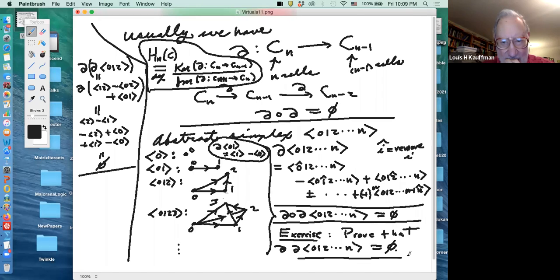Once you understand that, then you understand that you can define the homology of spaces built out of simplices. And then, of course, there's much in the theory of algebraic topology about how you might take a space built out of simplices and show that the homology is in fact an invariant of its homeomorphism type or its homotopy type. That involves more work. But the basic idea of homology is in the simplex.